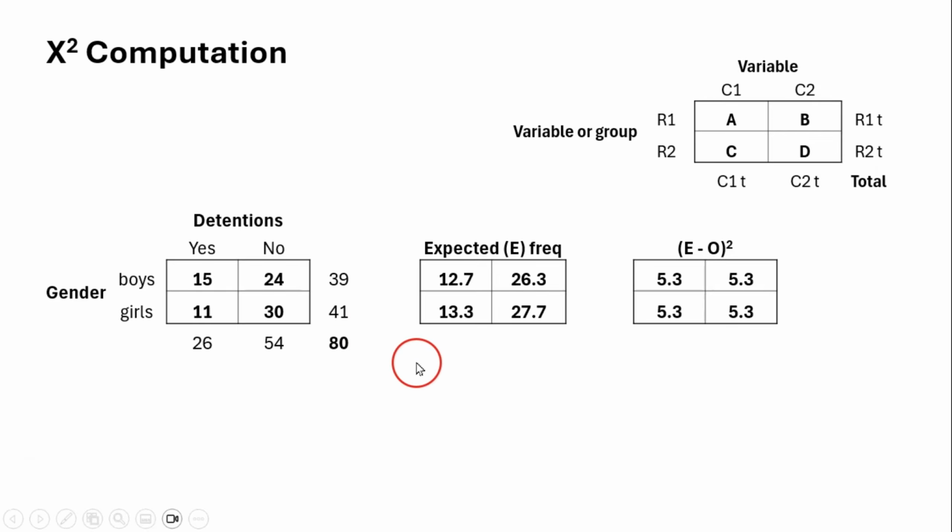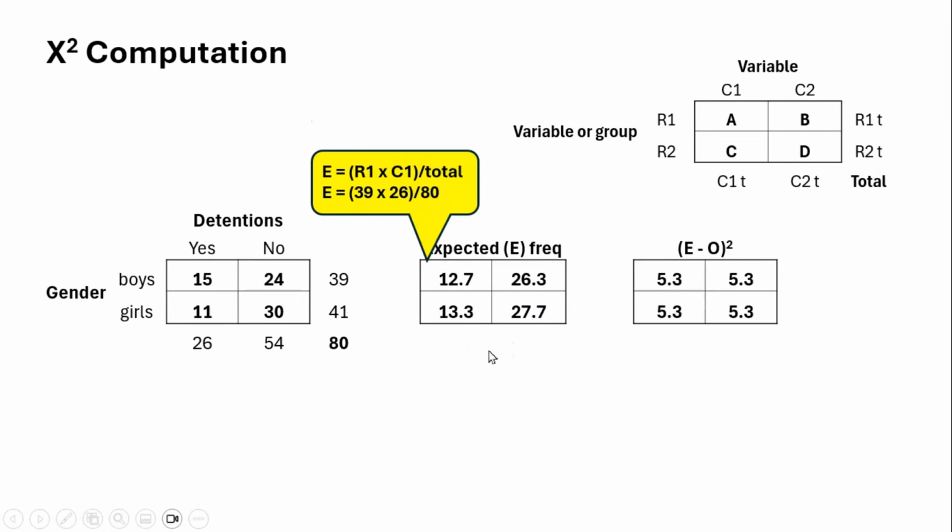In the first box here, we have 12.7. So how that's calculated is that 12.7 is equal to the row 1 total times the column 1 total divided by the entire total for the table.